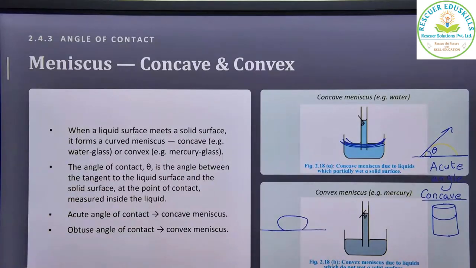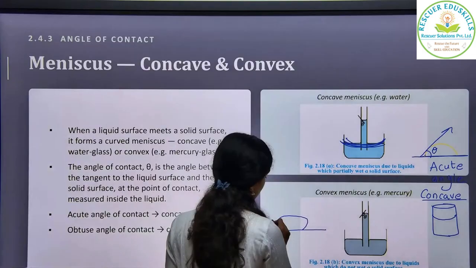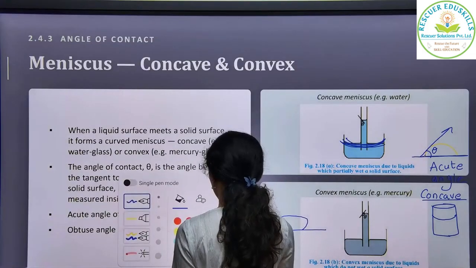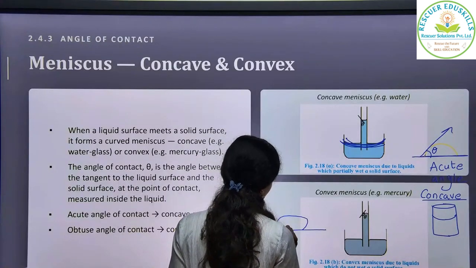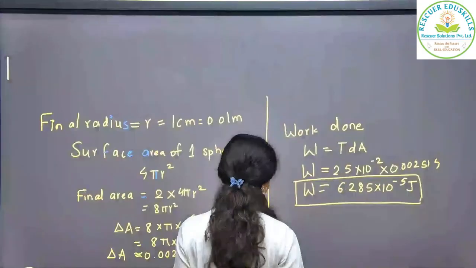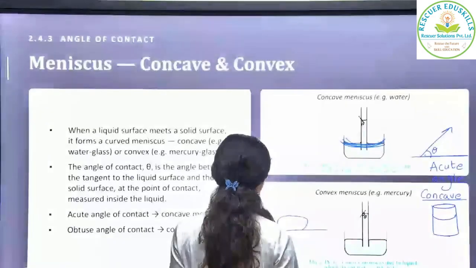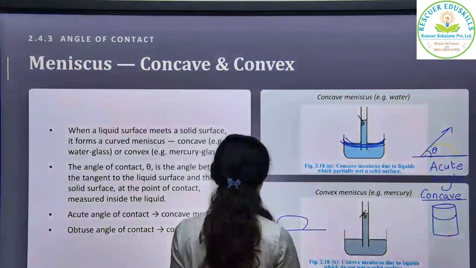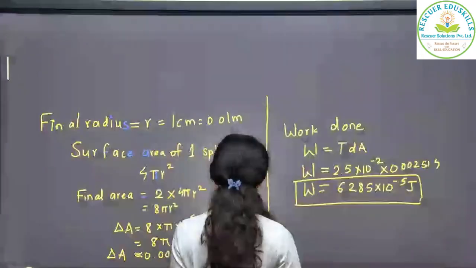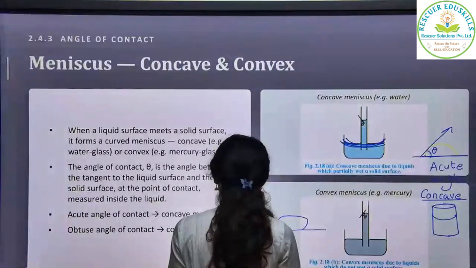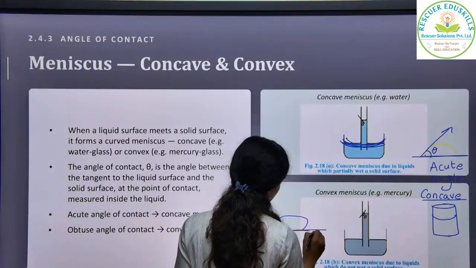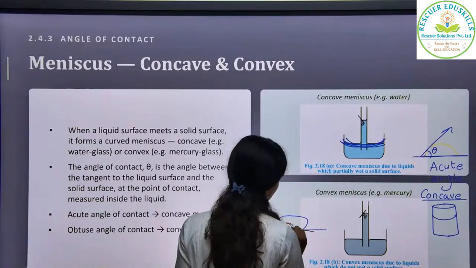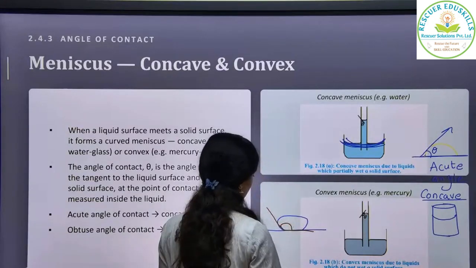Okay, so it will try to maintain the least amount of contact with the surface. Because of this, the angle will be an obtuse angle, because it is maintaining the least amount of contact.